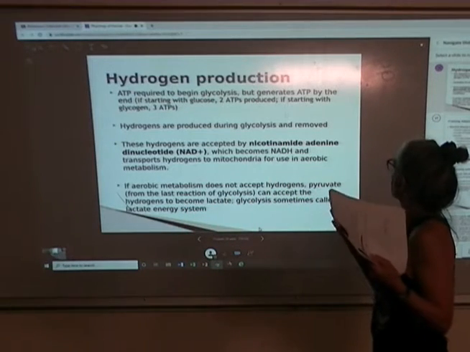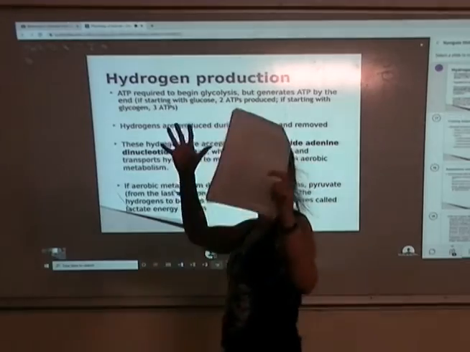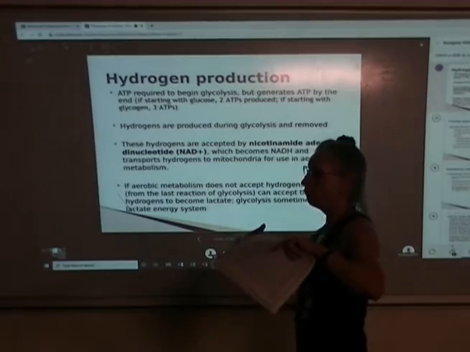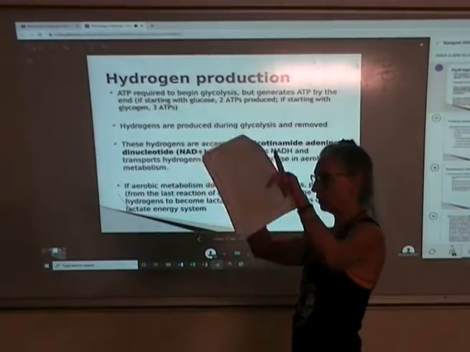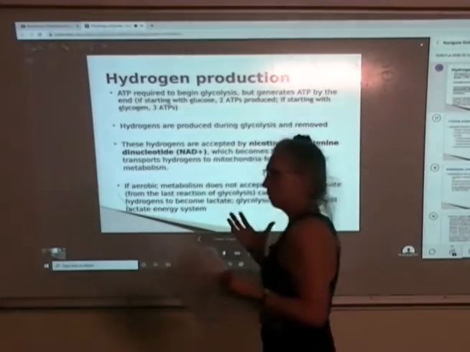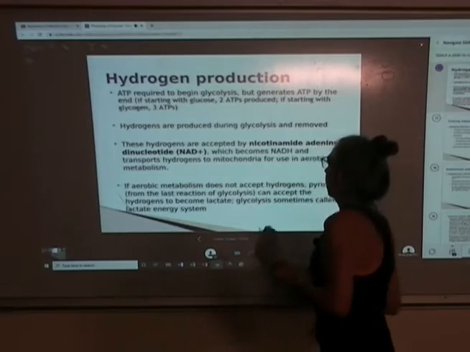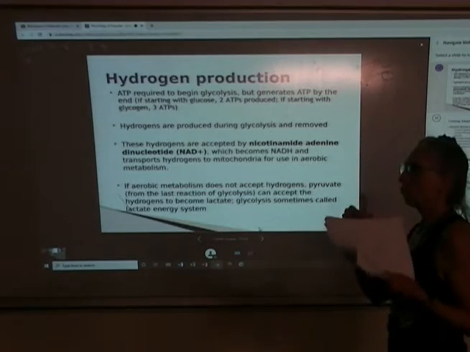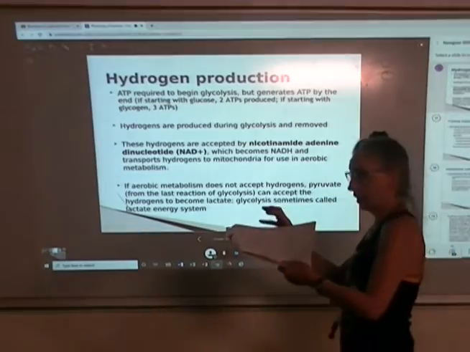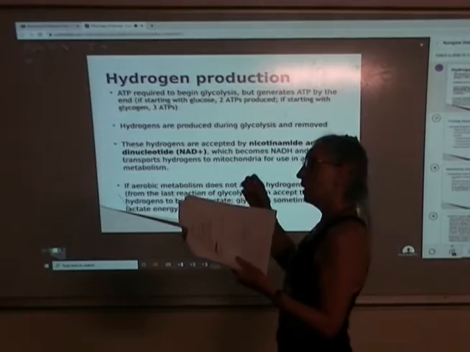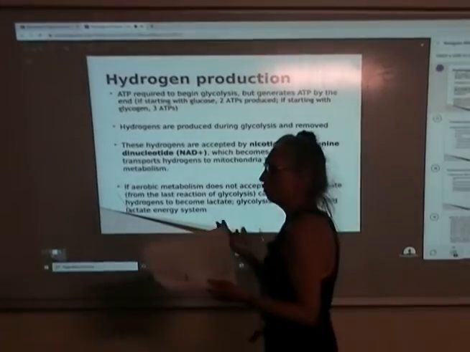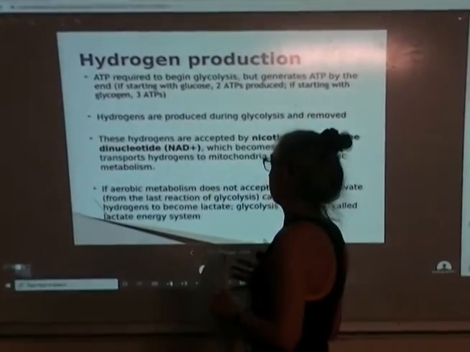So we covered that. We had some hydrogens coming off in the second half of the glycolytic chain. After it's split into 2 3-carbon molecules, we see some hydrogens given off. Now, those hydrogens can turn pyruvate into lactate, or they can be picked up by a bus system and shuttled over to aerobic metabolism.